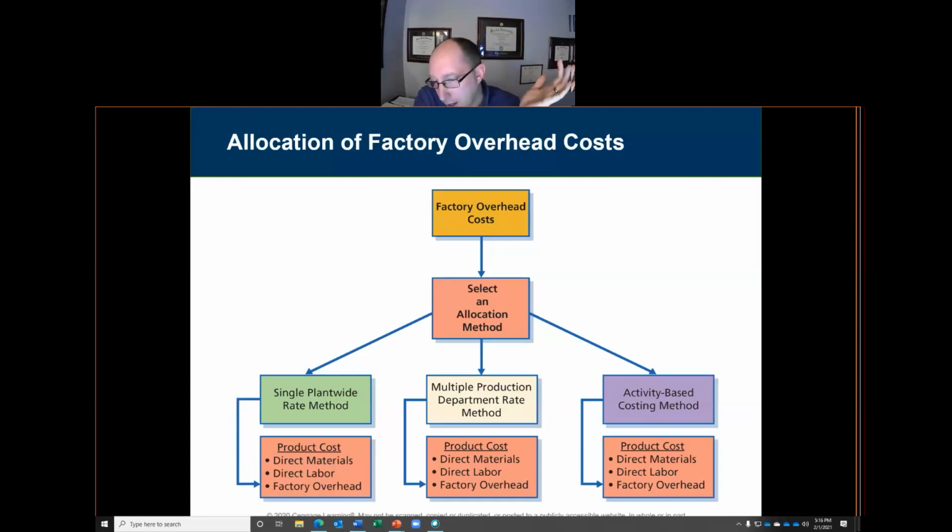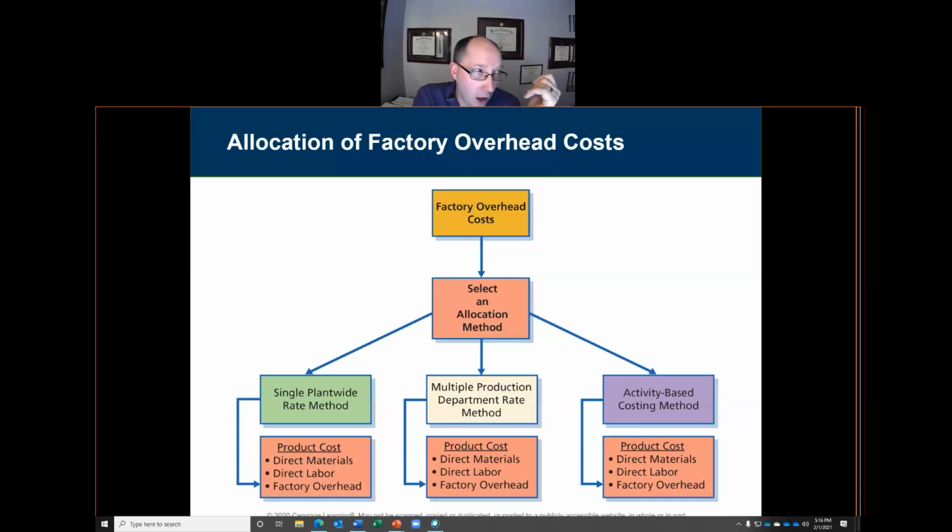We have indirect labor. That would be your supervisors' salaries. We can't trace those directly to the guitar, so therefore supervisors' salaries are considered indirect labor, which is actually part of factory overhead. And then we have the depreciation of machines.